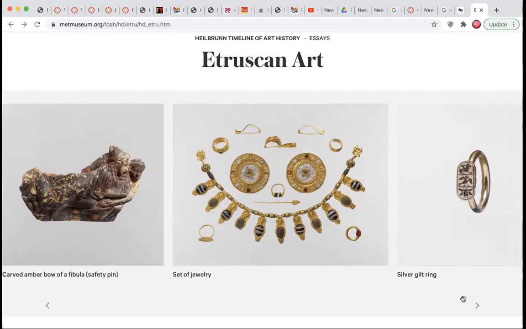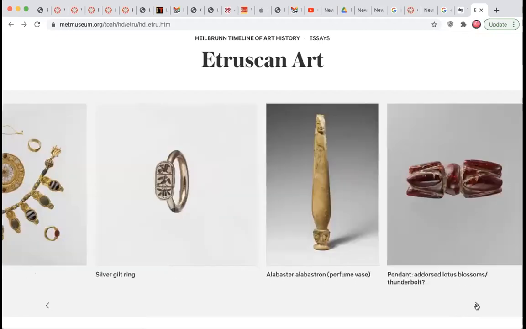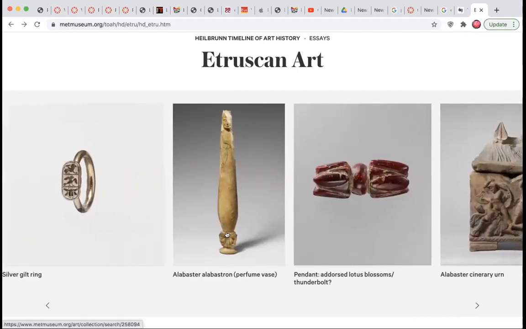And then a silver gilt ring. So again, look at the symbols inside this cartouche. A perfume vase that's even a carved figure. A pendant, so this would be a hanging object that would be possibly on a chain.